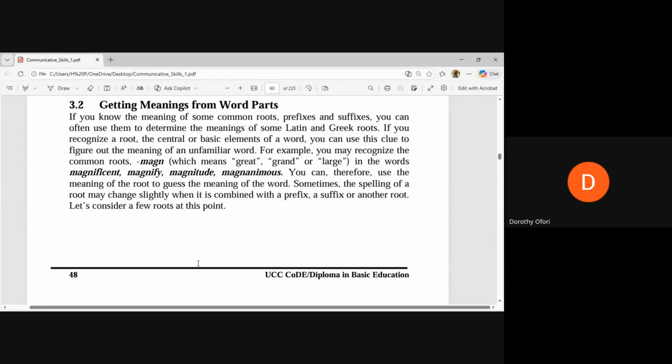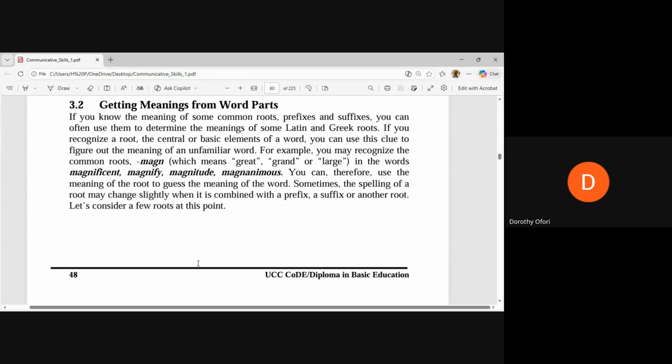For example, for getting meaning from word parts, we are looking at understanding the meaning of words by breaking them into their parts. So we already know the root word. If I have strong as the root word, and I have stronger, for me to understand, I will decide to break it into two, strong and er.